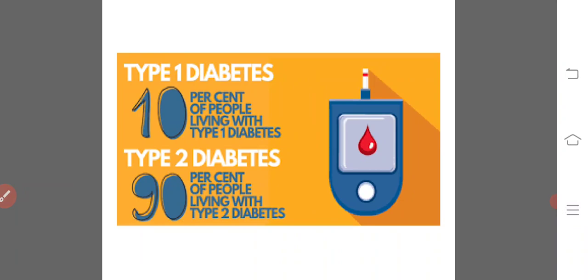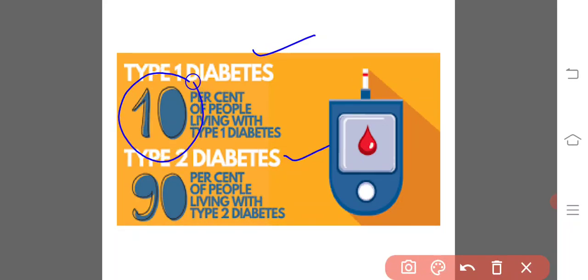Mellitus means sweet. Diabetes gets classified into two types: type 1 diabetes and type 2 diabetes. Of all the patients suffering from diabetes, type 1 contributes 10% of people and type 2 contributes 90% of the people. Let us see about diabetes type 1.